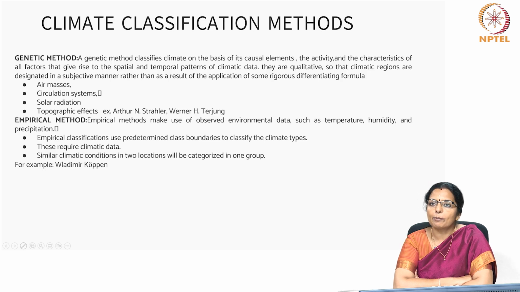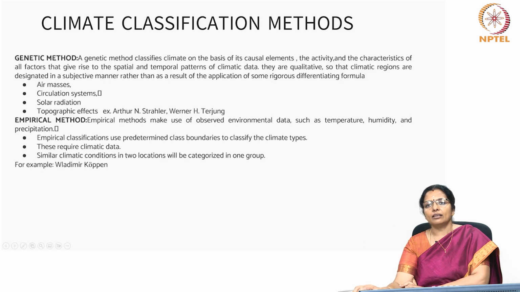Then there is the empirical method, which relies on actual data like temperature and rainfall. It sets specific boundaries to group similar climates together. So, if two places have similar weather patterns, they will be grouped together. Both methods help us understand and categorize climates, making it easier to study and predict weather conditions in different regions.